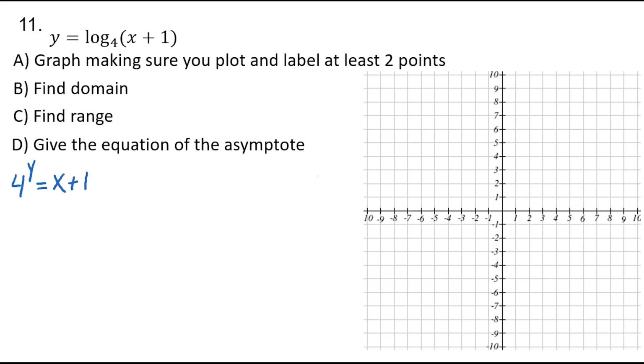Now we want to find the inverse of this, which means we swap the x and y positions. So we get 4 to the x equal to y plus 1. And solve for y, and when we do, we end up with 4 to the x minus 1 equal to y. Now I can rewrite this.